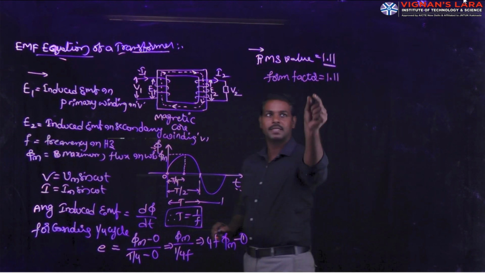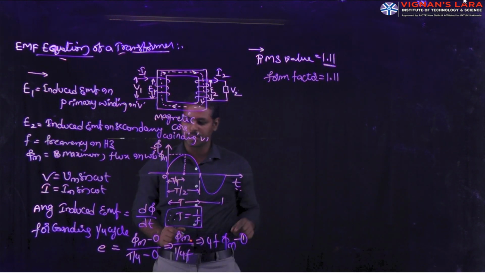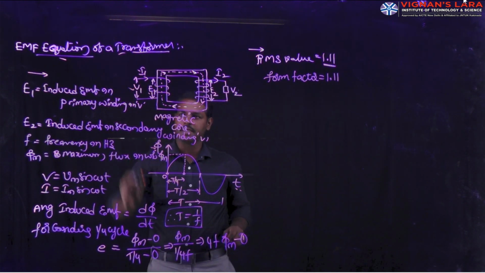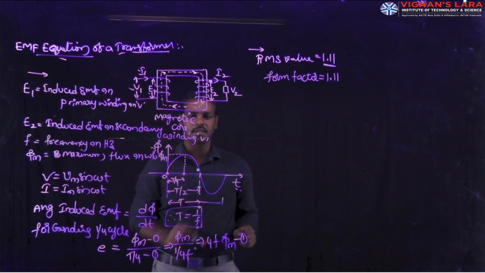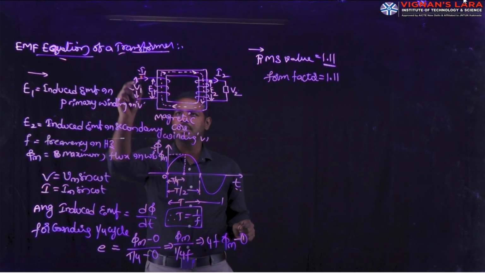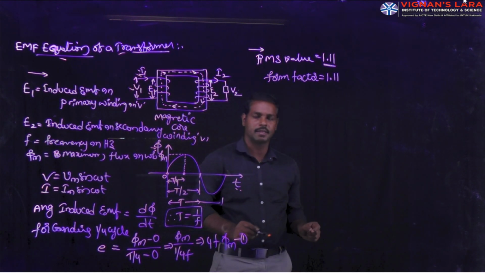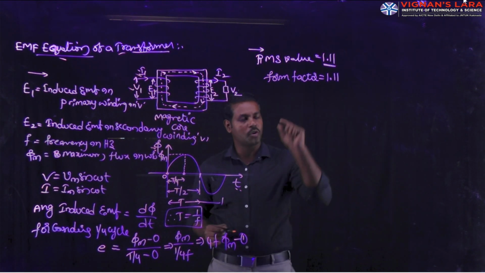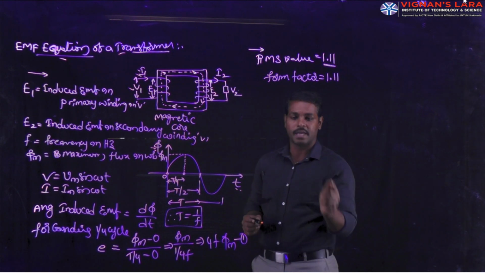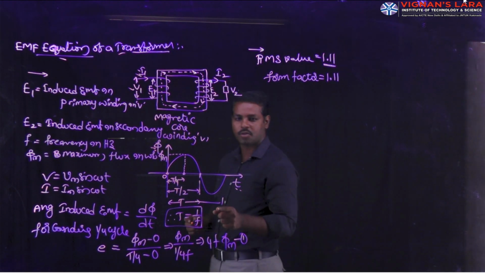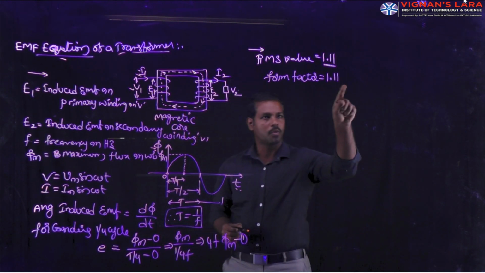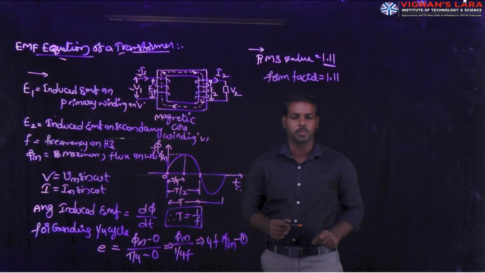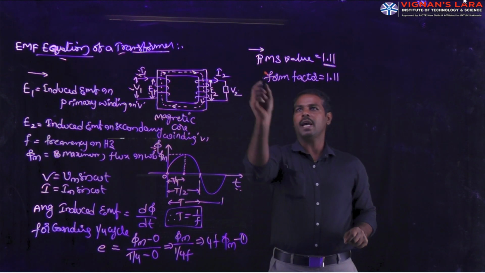Why do we present this in the derivation? Because when we give the voltage as a sinusoidal quantity, the flux is also sinusoidal and the current is also sinusoidal. So whenever voltage, current or flux are represented as sinusoidal quantities, the form factor is 1.11.